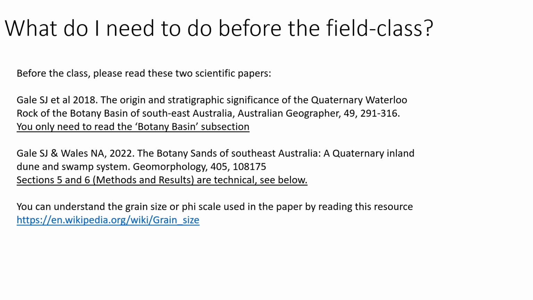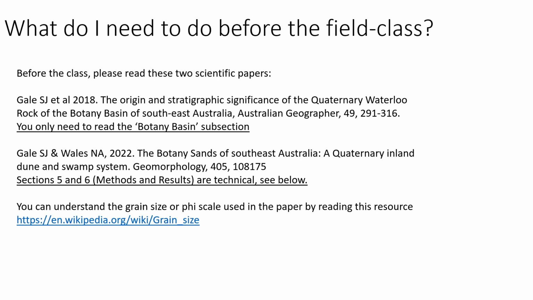The paper by Gale and Wales from 2022 analyses the particle size of the sands to work out that the Botany Sands are a quaternary dune and swamp system. This is a technical paper, and sections 5 and 6, the methods and results, are very technical, and they use a grain size or phi scale that you may not have come across before.